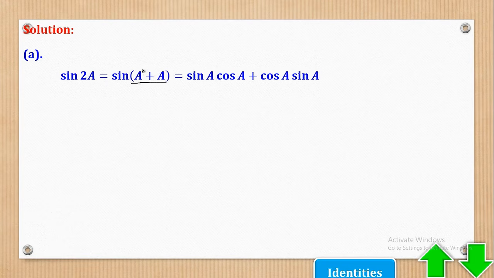So it means that you are going to get sine a cos a plus cos a sine a. When you do that, you realize that these are the same terms, so you are going to get 2 cos a sine a. The order doesn't matter, you can say 2 sine a cos a or 2 cos a sine a. All is the same since it's a product.